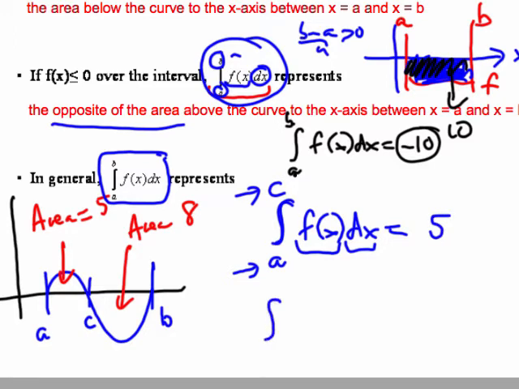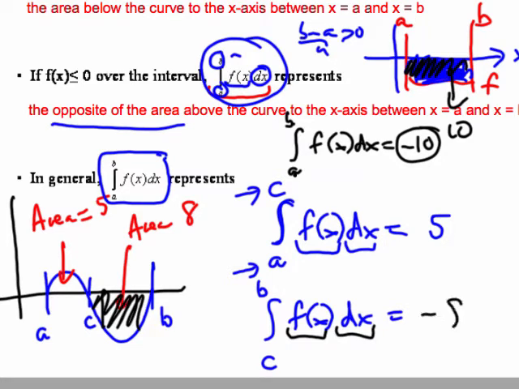If I was doing the definite integral between c and b of f of x dx, because I'm summing up negative heights with positive widths, I'm going to get a sum which is negative. So this quantity here represents negative 8.